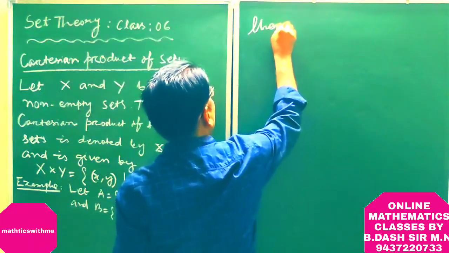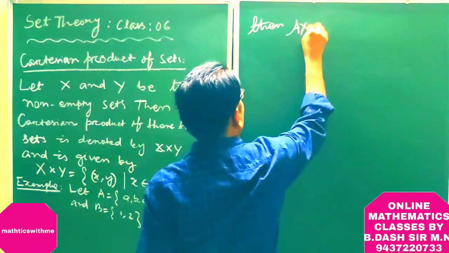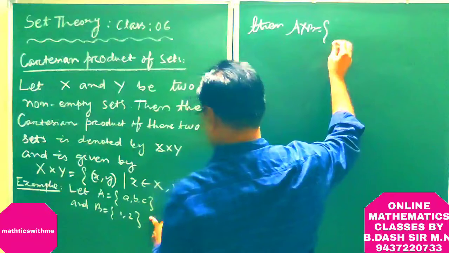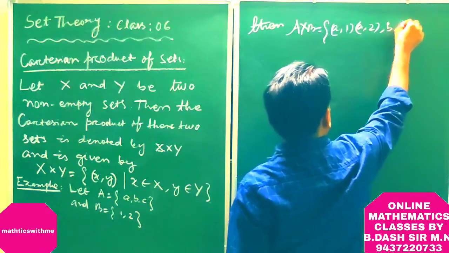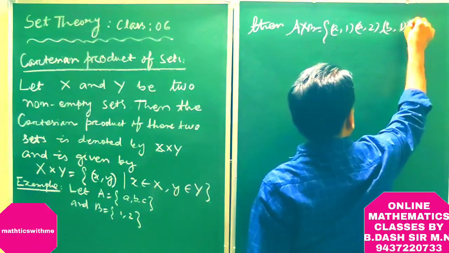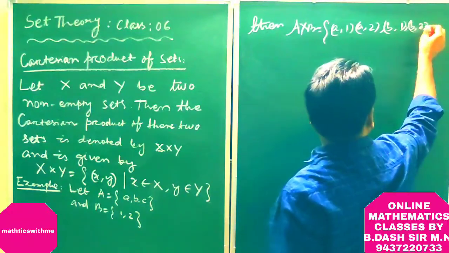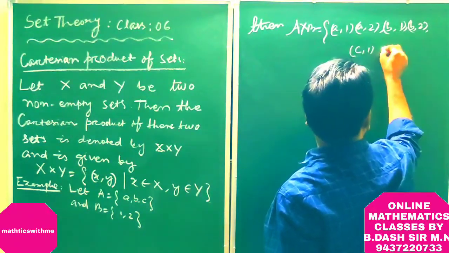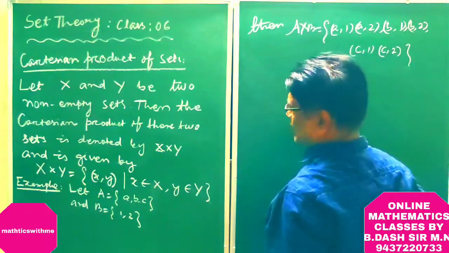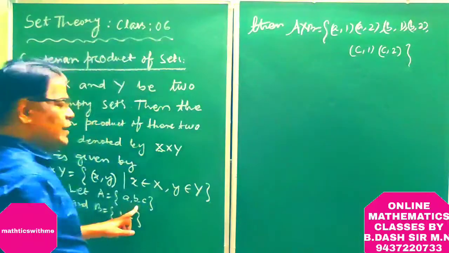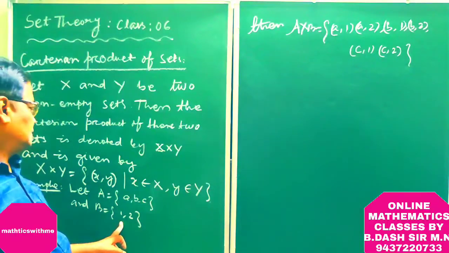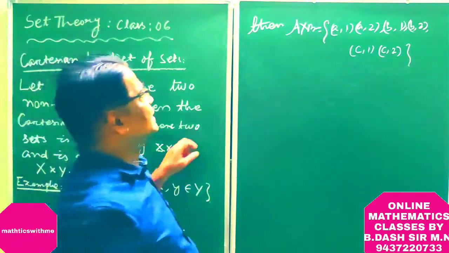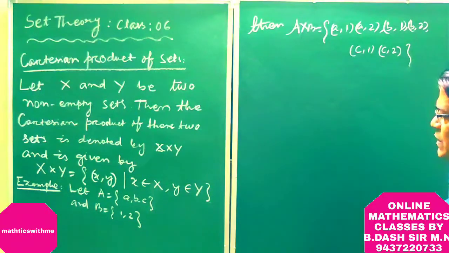Then A cross B is equal to (a,1), (a,2), (b,1), (b,2), (c,1), (c,2). So, if A is equal to curly bracketed a, b, c and B is equal to curly bracketed 1, 2, then the product set A cross B is equal to the ordered pairs (a,1), (a,2), (b,1), (b,2), (c,1), (c,2).